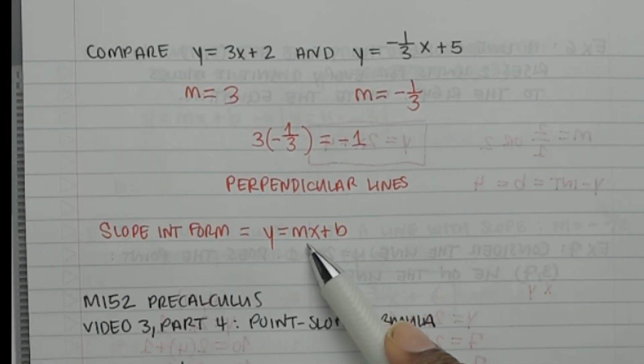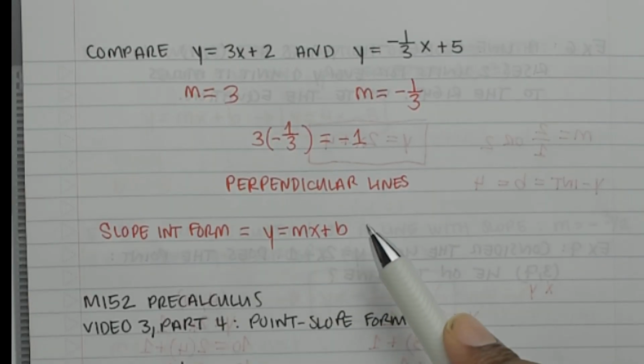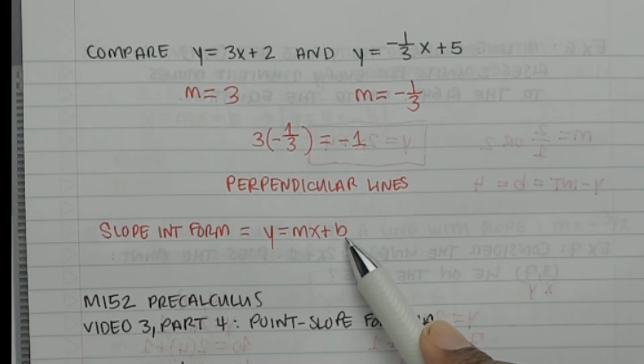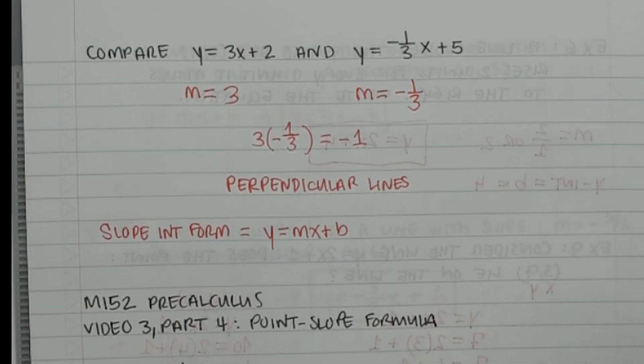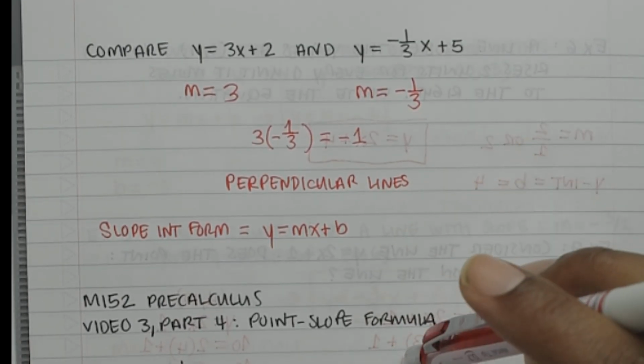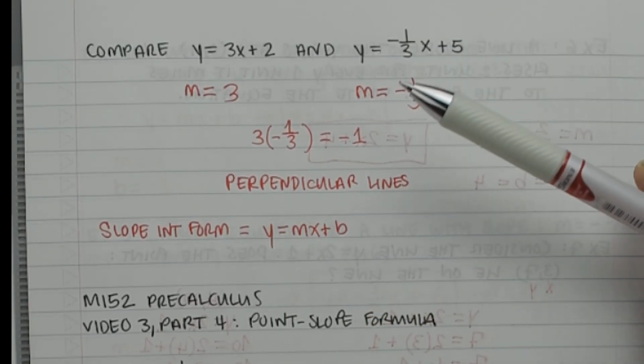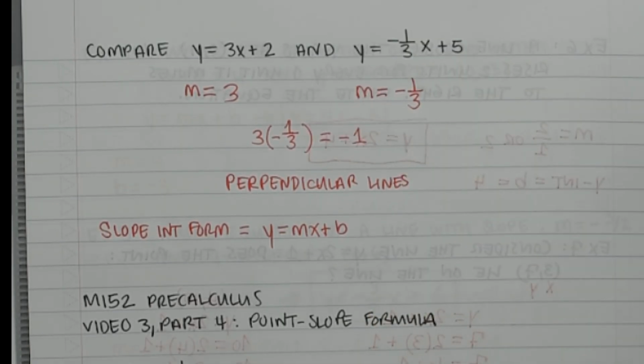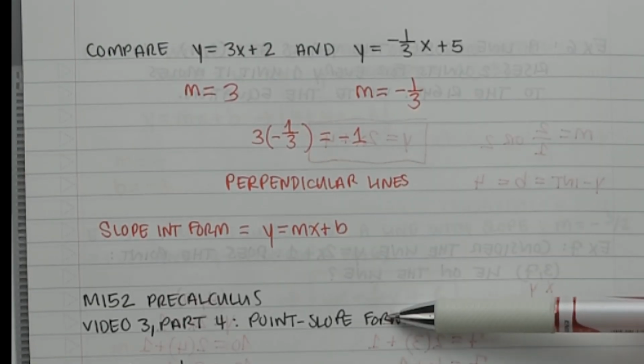Second, the constant term is the y-intercept. And third, if you know the slope and y-intercept, you can write the equation immediately. And finally, the equation of a line tells us both where the line begins on the y-axis and how it changes as x changes. So in the next video, we will learn how to write the equation of a line when we are given a point and a slope, as you can see here.